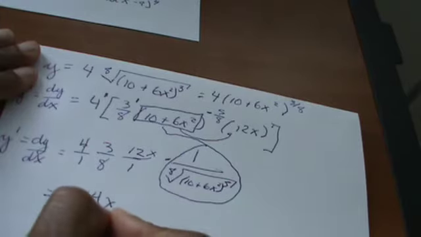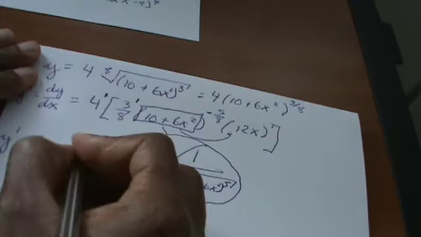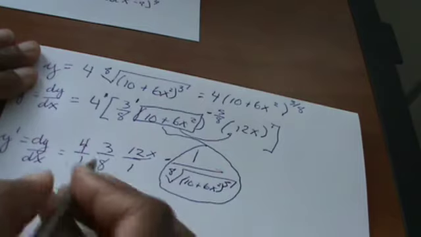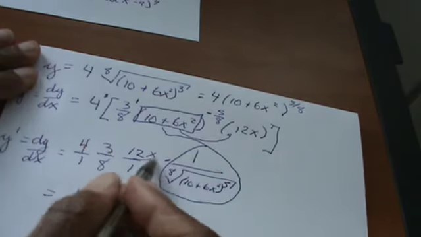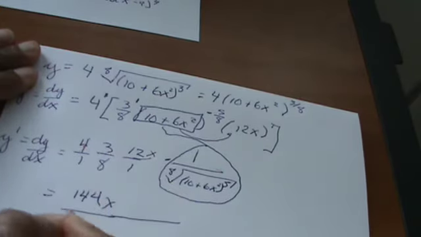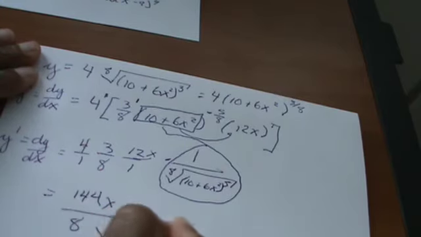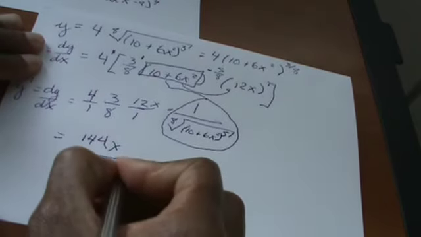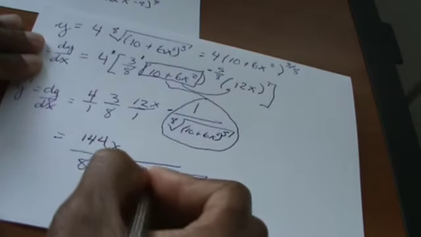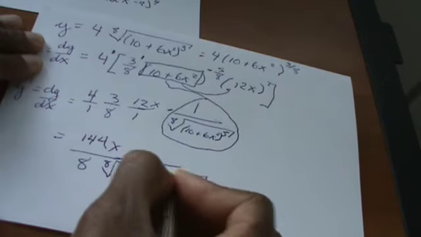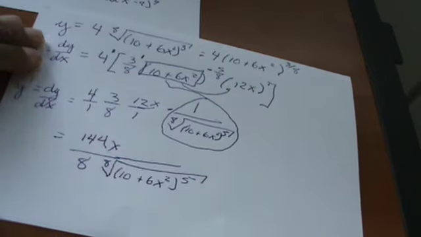This is 144/8. Now, since this is one big fraction, you can just multiply all of those together. So 4 times 3 times 12x times 1 is 144x. And then the denominator, I have 8. And we also have an 8th root of 10 plus 6x squared to the 5th power.